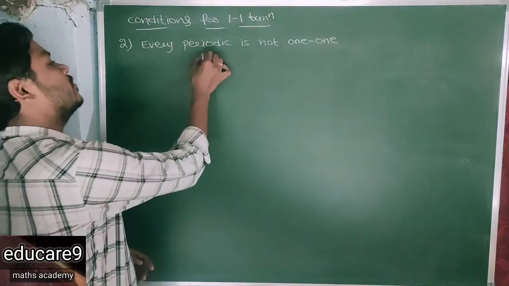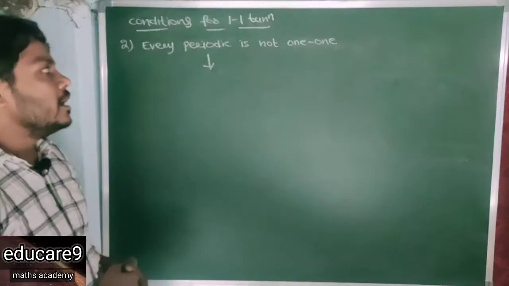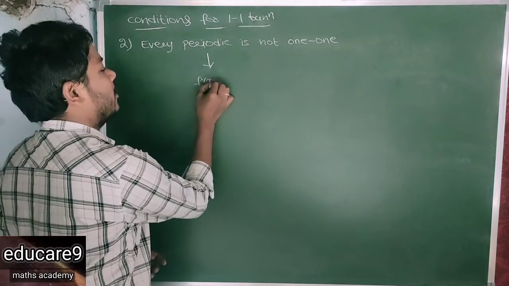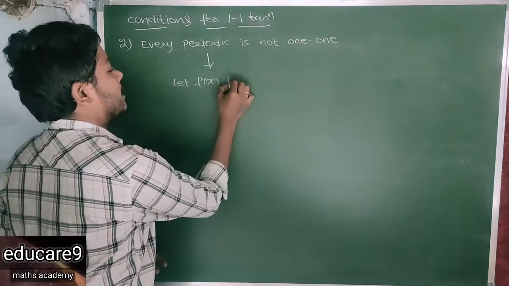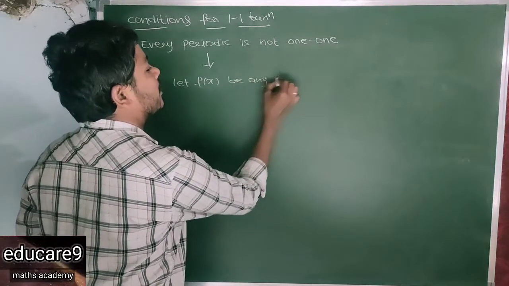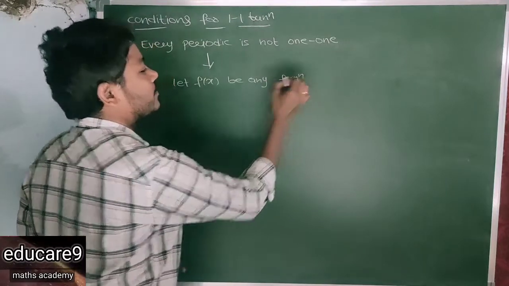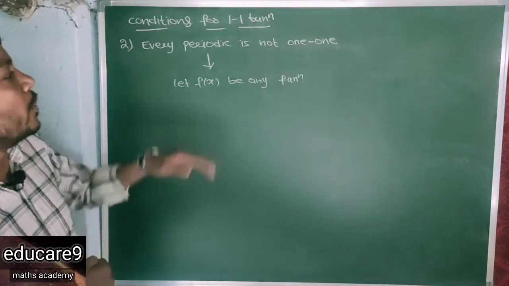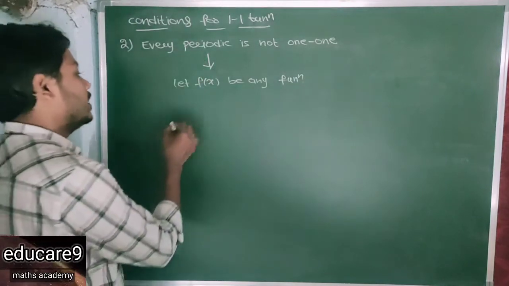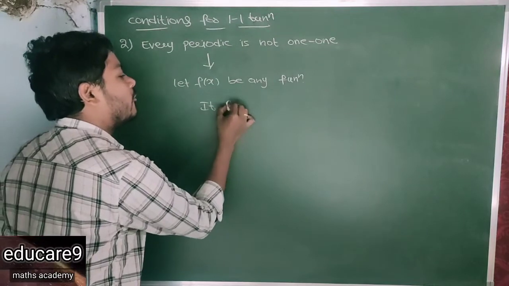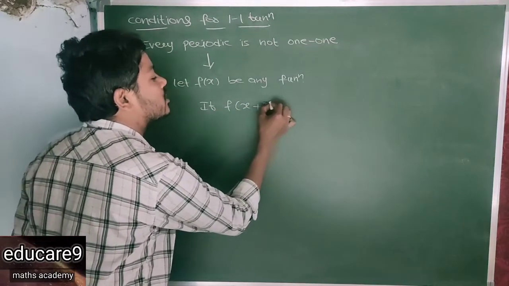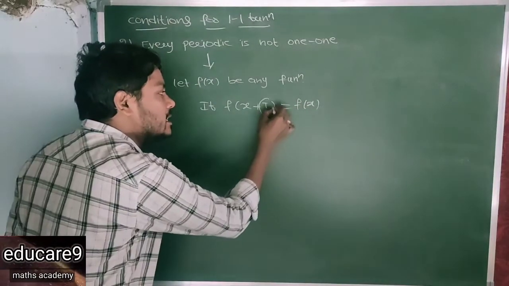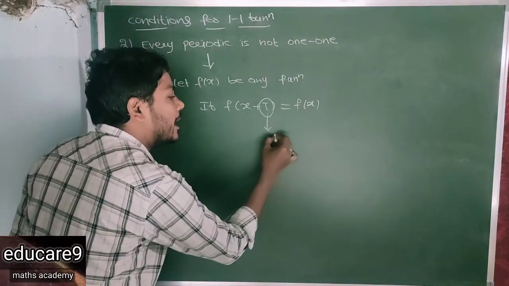A periodic function means, if f of x is any function, and f of x is said to be periodic if f of x plus T is equal to f of x, and here T is called the period.